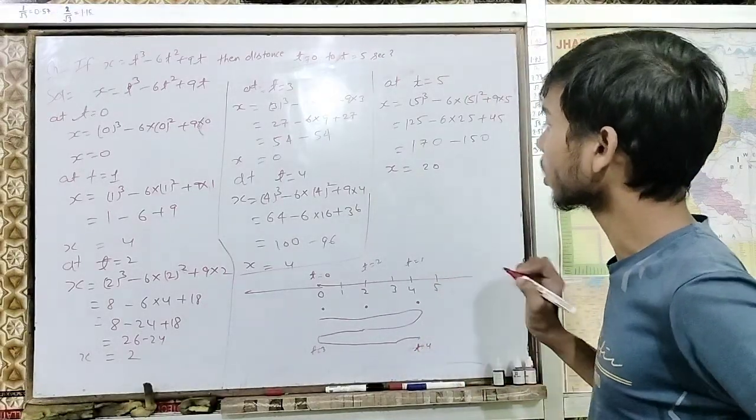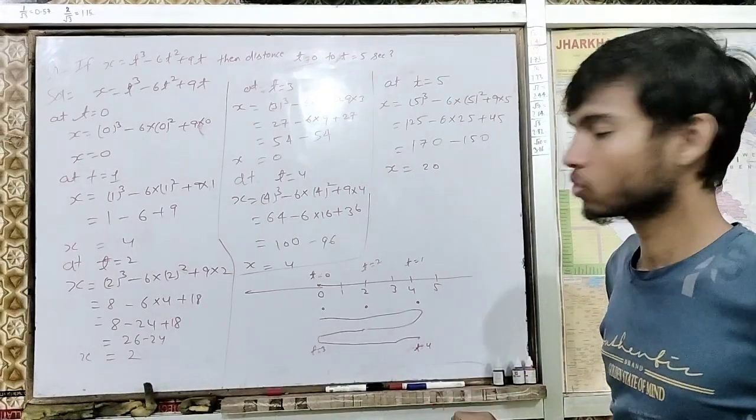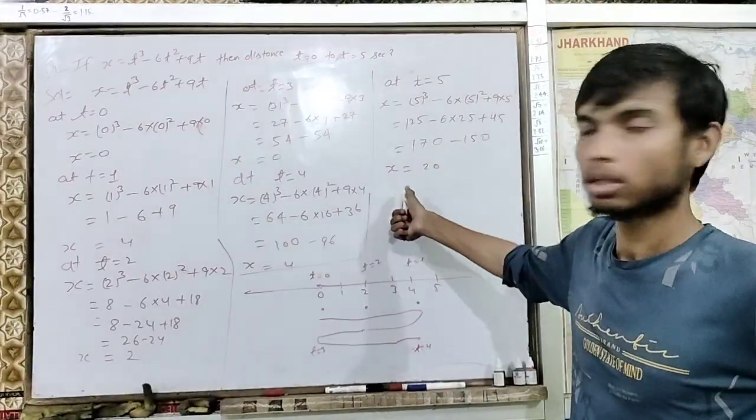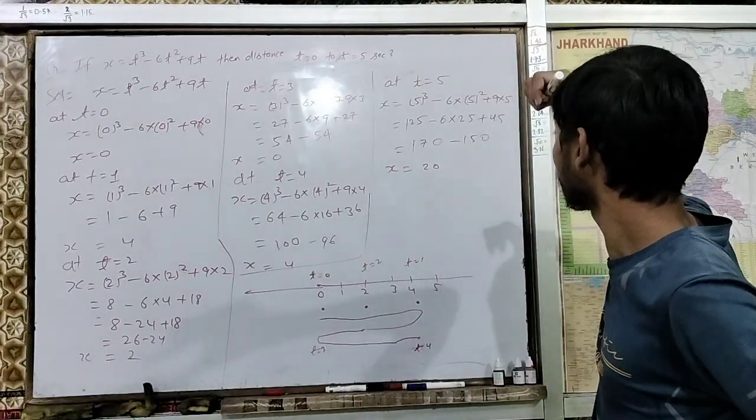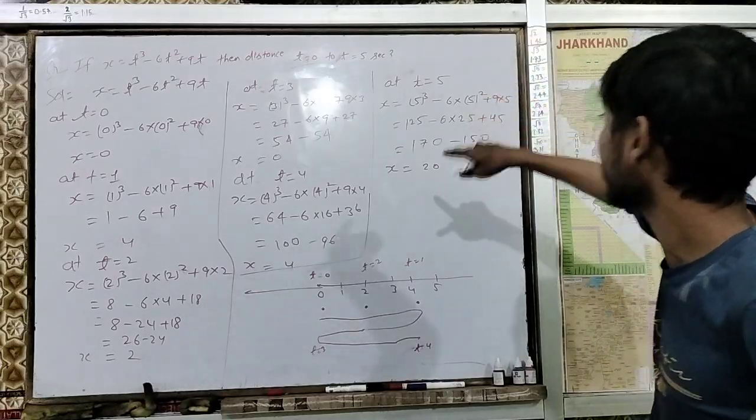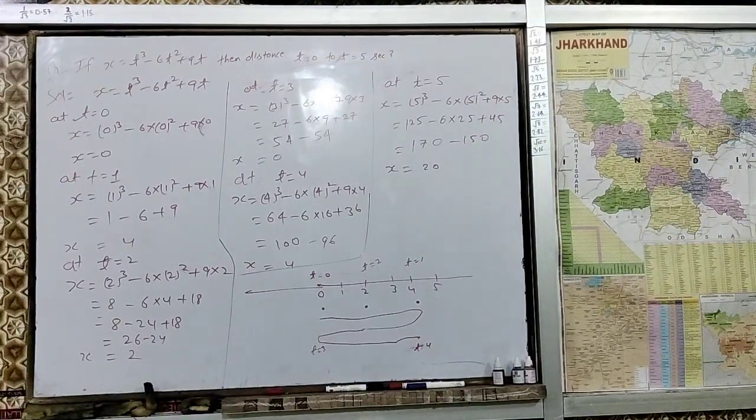Now what if t is equal to 5? Time is 5 seconds. In that case x should be 20, brother.